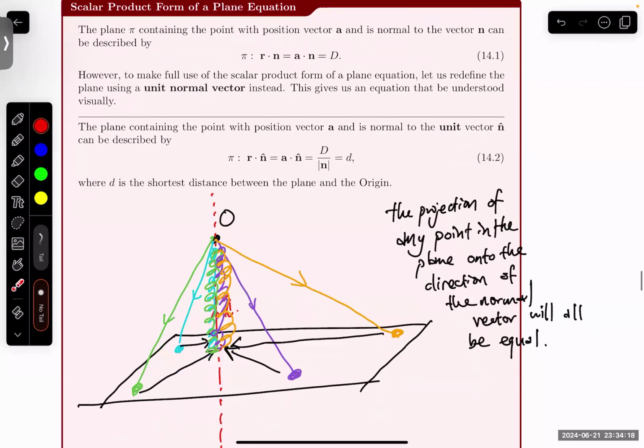Why is it so useful to make it n hat? Okay, I just realized the n hat is buried underneath. So this is n hat. Why is it so useful? It's so that when I project, I get this bunch of smashed up mosquitoes, right?